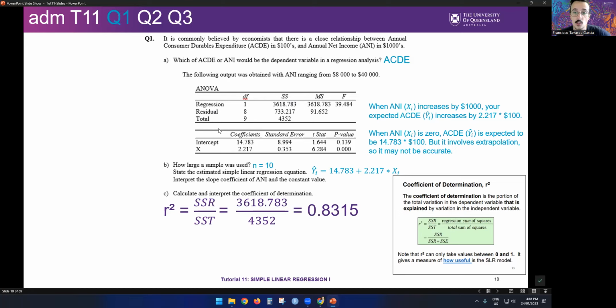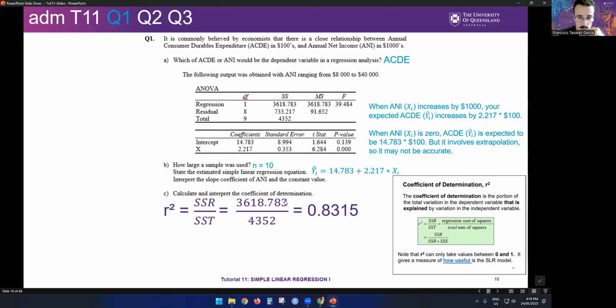And the total sum of squares, 4,352. It's important to have a good idea where in the ANOVA table each of these values are. You plug in the formula, and we get 0.8315, which is pretty good. It's much closer to 1 than to 0. So income is relatively good.